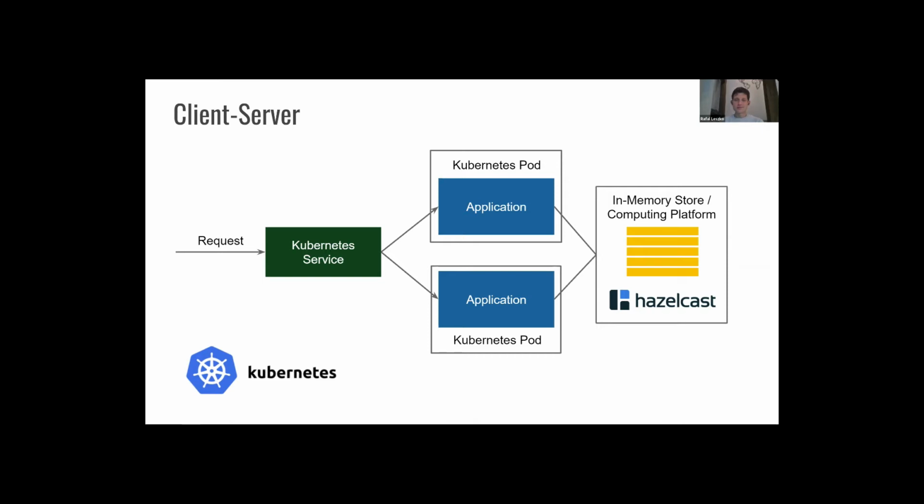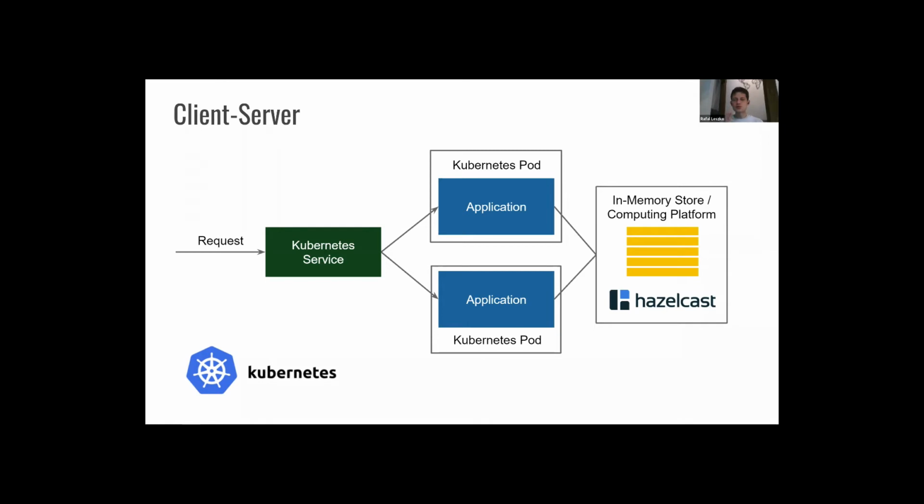Because, as I told you, Hazelcast is kind of a Swiss knife for distributed computing, you may use it for a lot of scenarios. You may use it for computing, for in-memory storage, for caching, and so on. But the point here is that you set up the Hazelcast server, the Hazelcast cluster, separately, and you use a Hazelcast client to connect to this server. Now, how is this diagram different compared to the embedded mode?